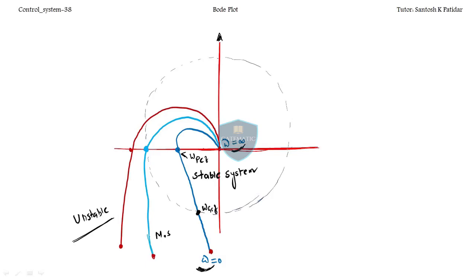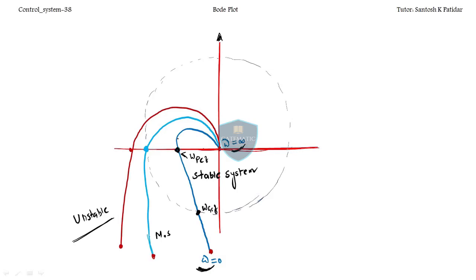Okay, don't panic. In the next unit we'll discuss about this only, but here you have to remember this. This is the ready-made thing I'm going to provide you. So let's come to the point. If this is the stable system and we are coming from the infinity, so this is like 10 to the power 6, 10 to the power 5, 10 to the power 3 and something like this over here.